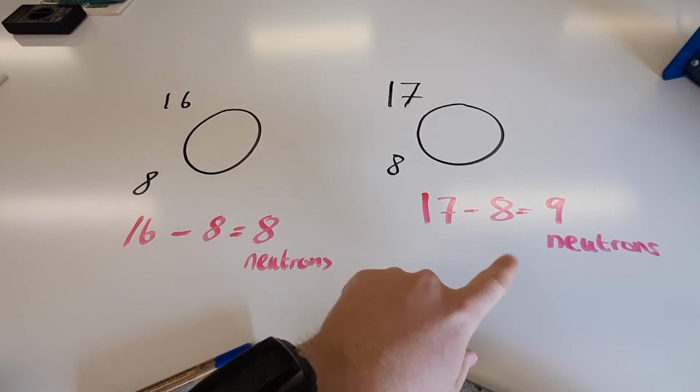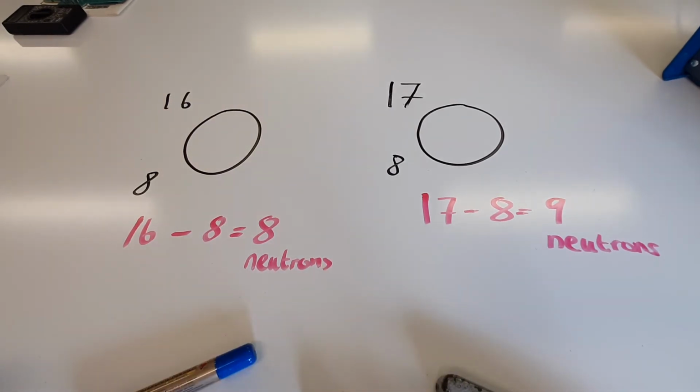Now, the number of neutrons does have some implications for radioactivity in isotopes, for radioactive isotopes. Typically, if you've got more neutrons than you do protons, or at least more than you actually need, you're probably going to get something called beta emission. Okay, so that's how that works. Typically, if you've got too few neutrons, then you actually get alpha radiation, but that really only works with much, much larger atoms.